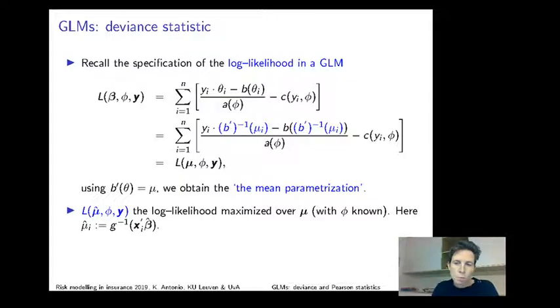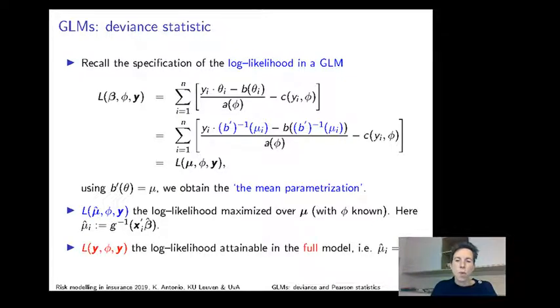And you want to compare this attained log likelihood for the model under investigation against the log likelihood of a full model, where each observation is replicated. Thus, the mu hat equals the y, the observation itself for observation i.